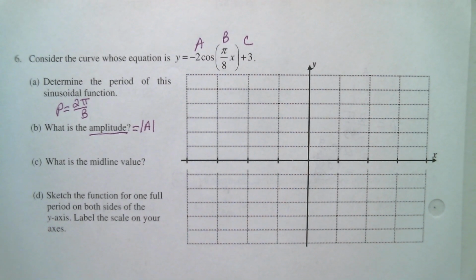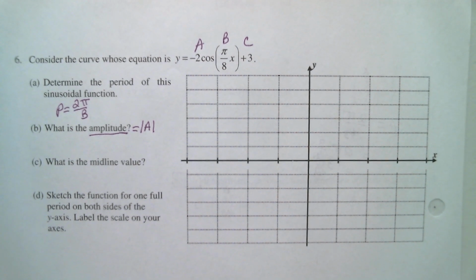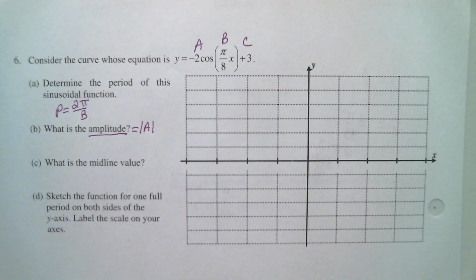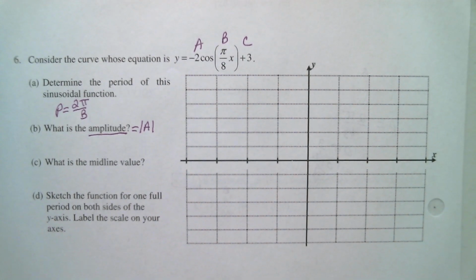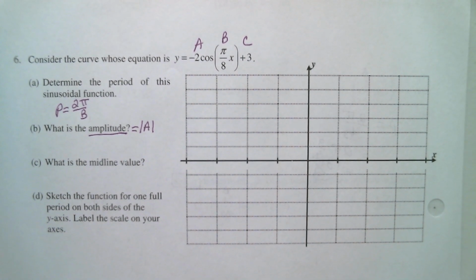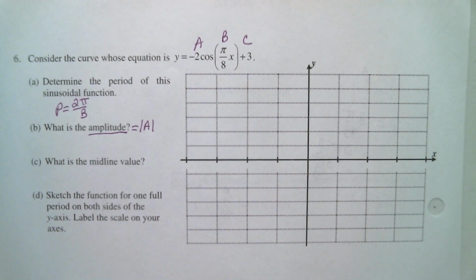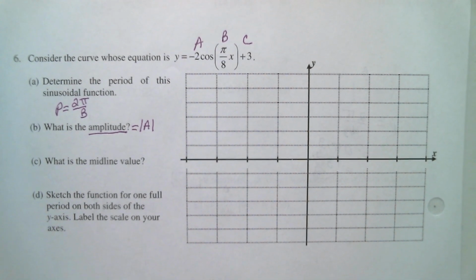Then sketch the function for one full period on both sides. All right, so definitely stop the video when you're going to attempt your homework, okay? And after you have attempted this, then go back and check, all right? So you're stopping the video, going on to your homework.